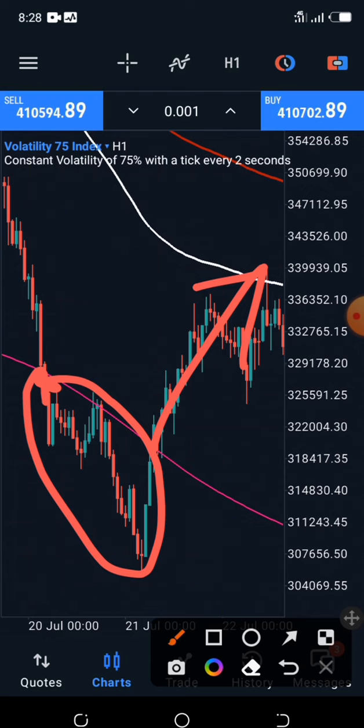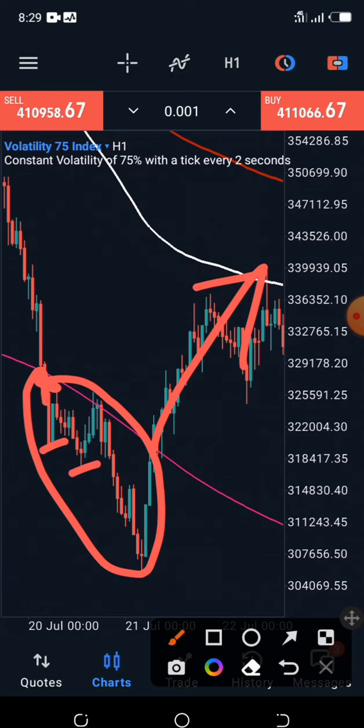So as the price comes down, you buy small lot size. You understand? Maybe 0.01 or 0.005 depending on the capital that you have. And I want to encourage that you should also know risk management, because it is risk management that is going to help you to maximize this indicator.